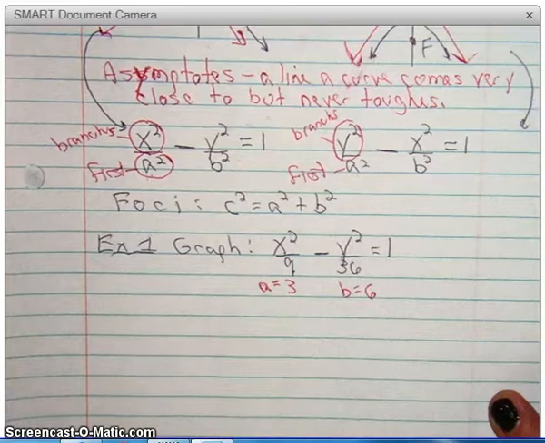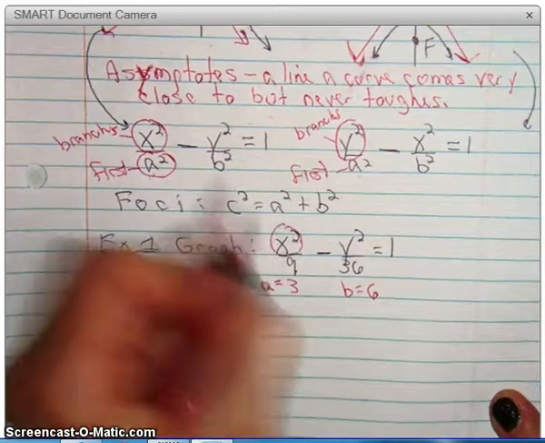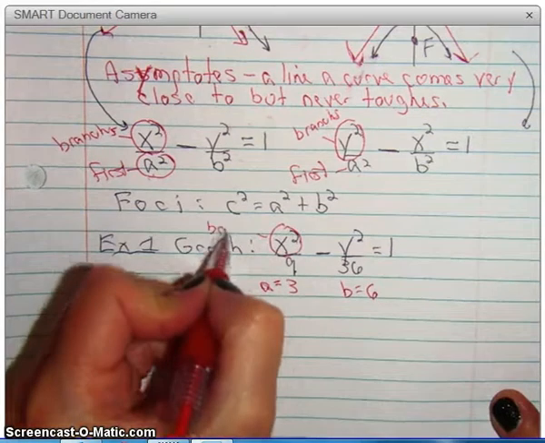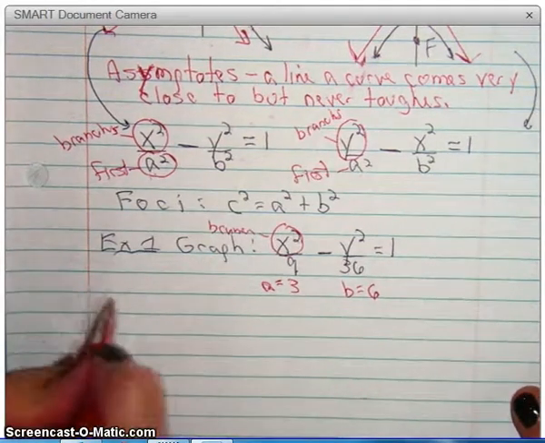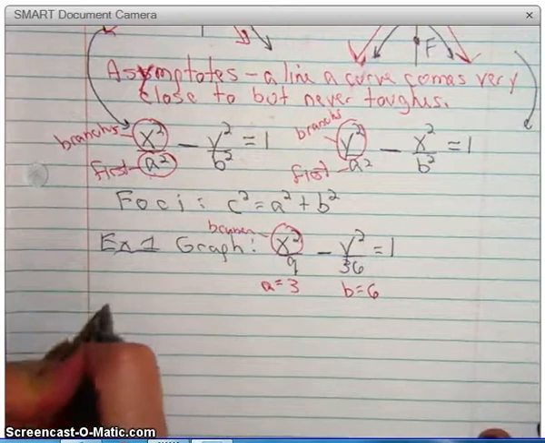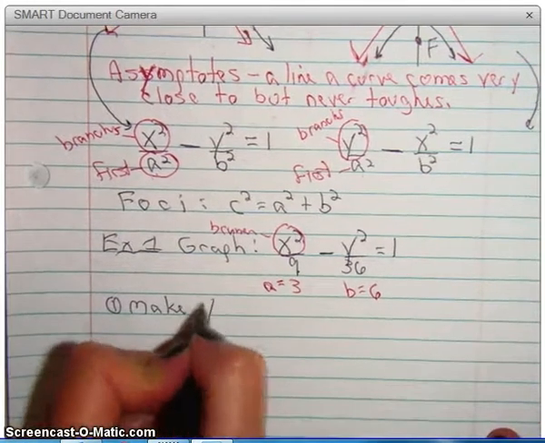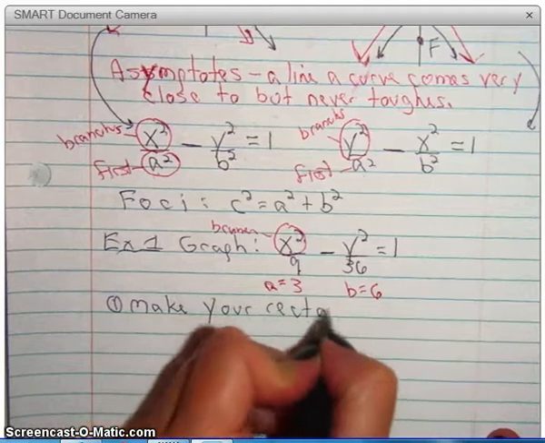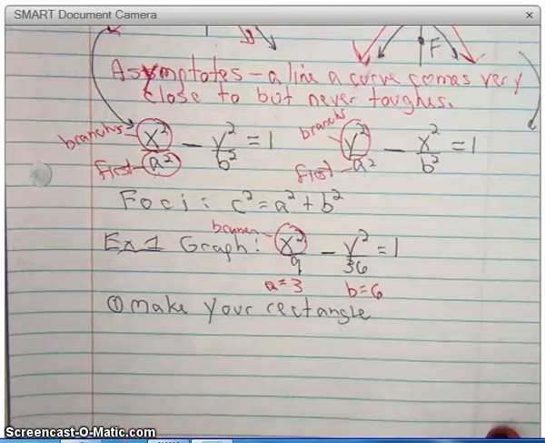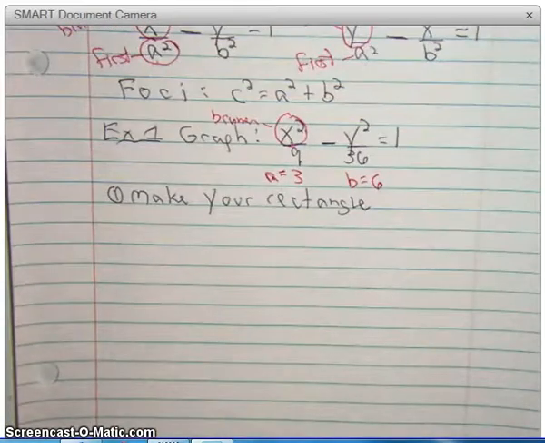What axis are the branches on, gang? Okay. So this is where your branches are. First step. Make your rectangle. That's the first step. So let me show you what I mean.